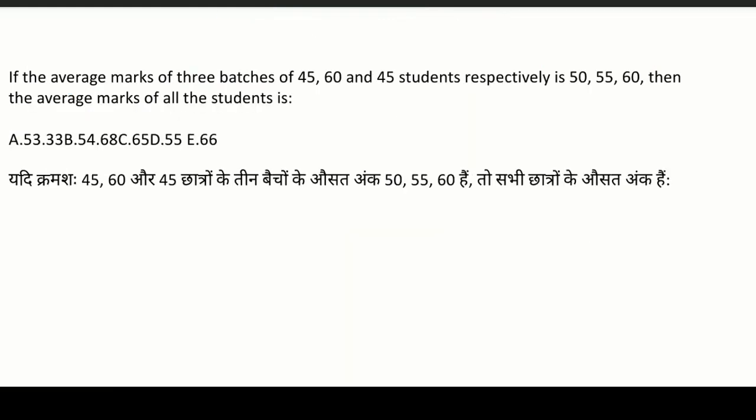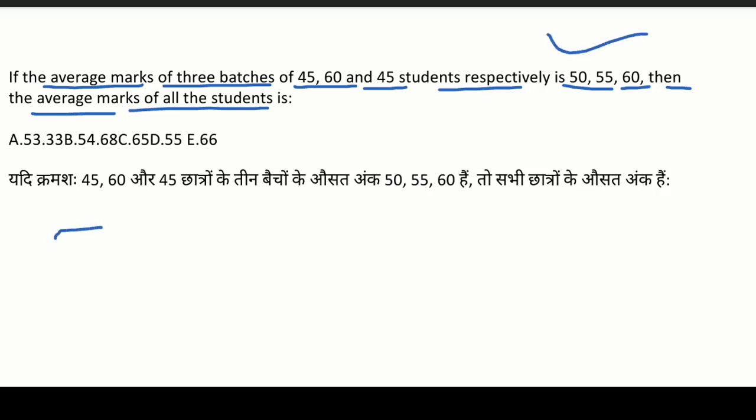Now let's have the next question. If the average marks of 3 batches of 45, 60 and 45 students respectively are 50, 55, 60, then the average marks of all the students is? Now again, what is the minimum average marks here? 50, right?